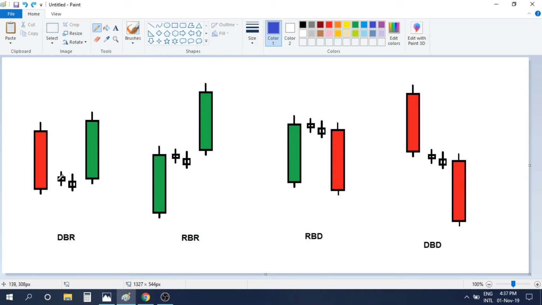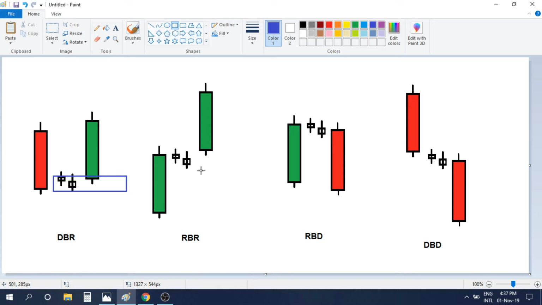So this is body number one, body number two. Amongst the two upper bodies, this is the highest one. So this is the starting point, and the lower part would remain the same as the first way of marking, that is the lowest low of the basing area in the case of a demand zone. So we would mark it in this way: the highest body along the basing candles to the lowest low of the wicks of the basing candles.